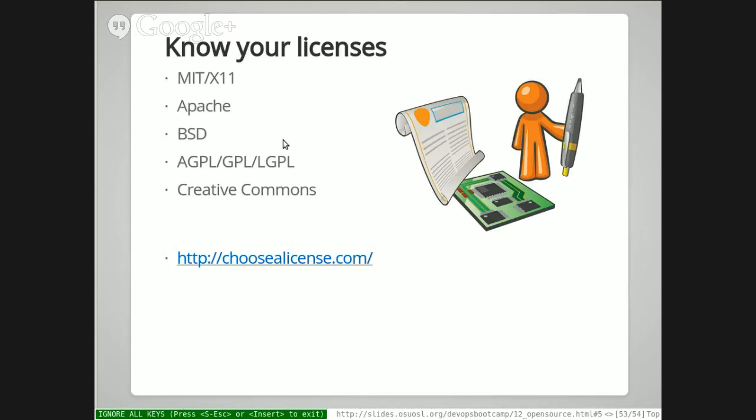Some of them are, take what I wrote. Others are, well, take what I wrote, but include my name and say that I wrote this. And so, yeah, chooselicense.com will help you find the right Creative Commons license or open source license for your project.